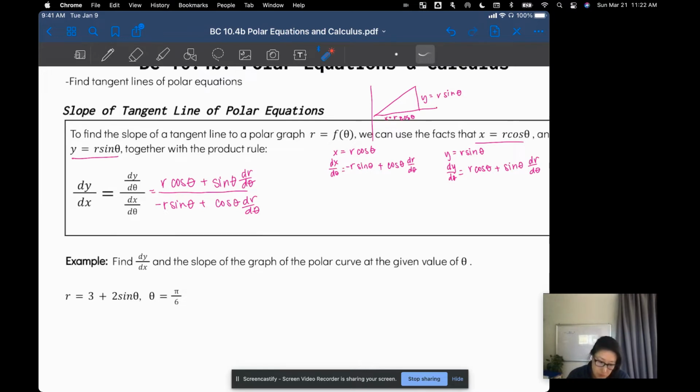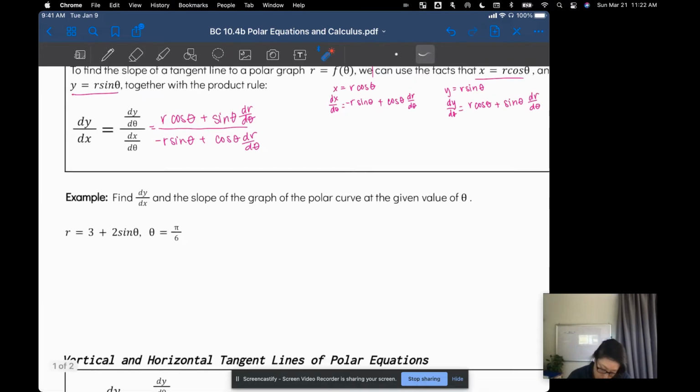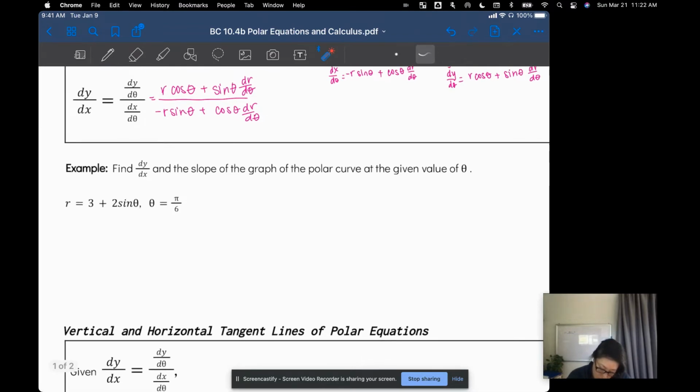Okay. So what we're going to do is take the equation r is equal to 3 plus 2 sine theta, and we're going to evaluate the slope at pi over 6.